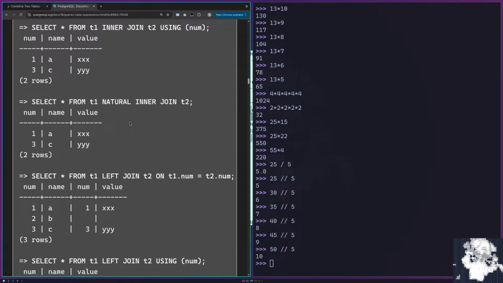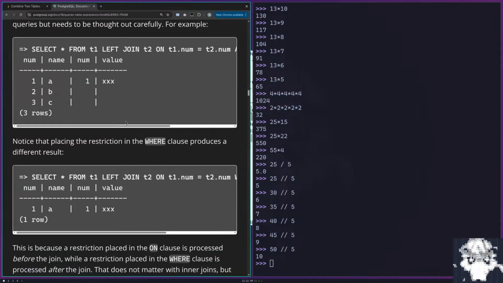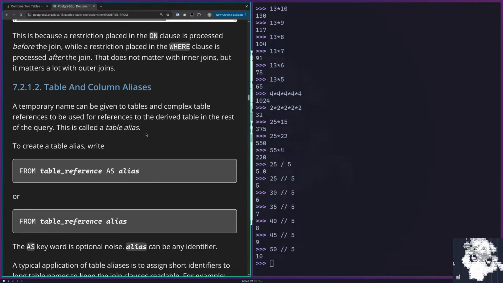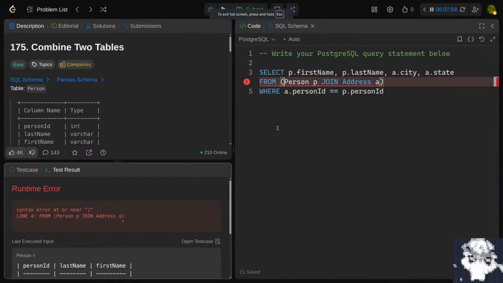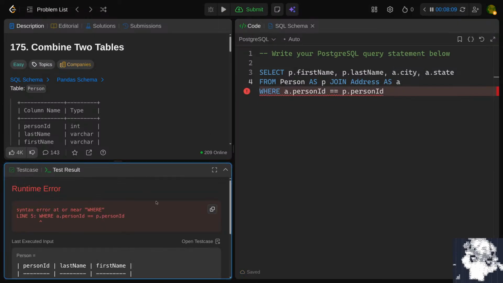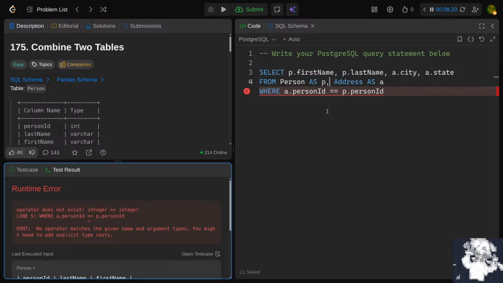No, how do I give them a name? Because or an alias or something. Okay, as alias. So it was as, address as a, but my syntax for join might be wrong, but apparently you can just put commas.